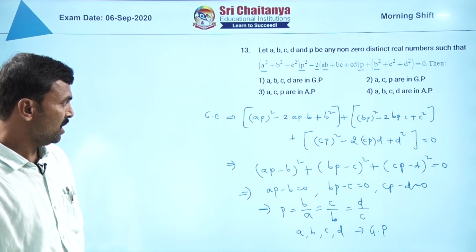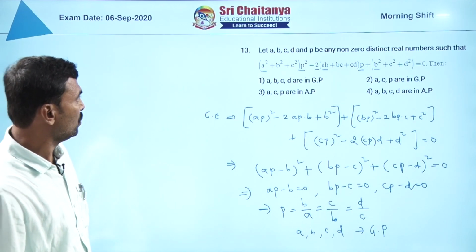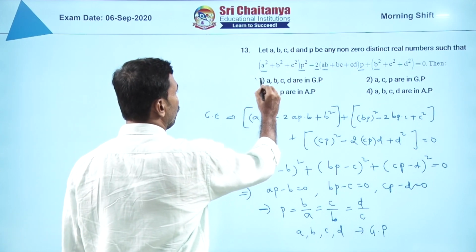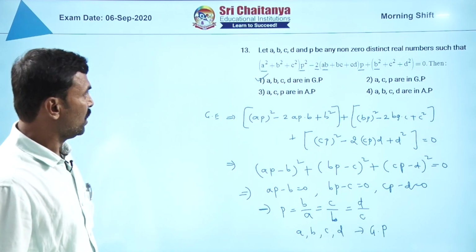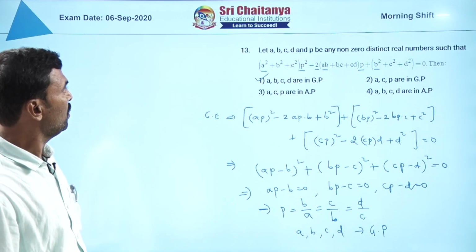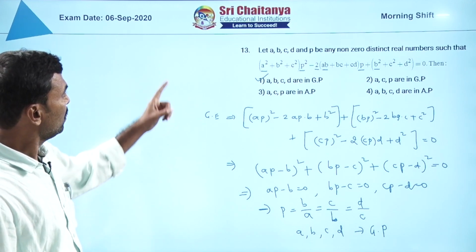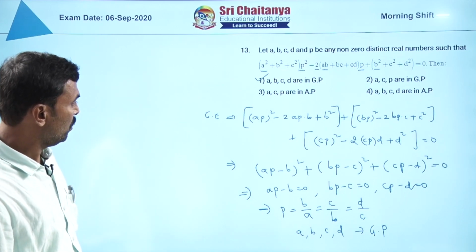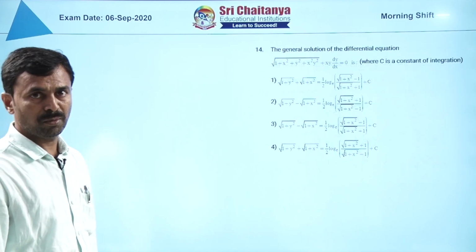So, A, B, C, D are in GP is the correct answer. So, option 1 is the correct option. With this it completes the 13th problem. Now, let us go to the 14th problem.